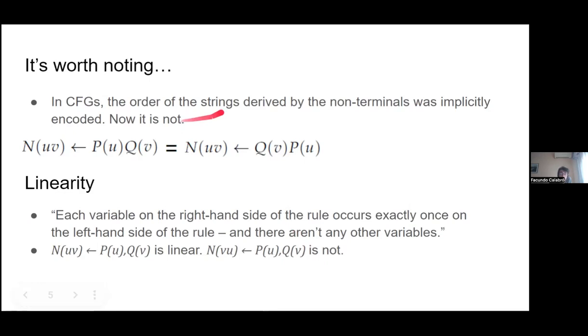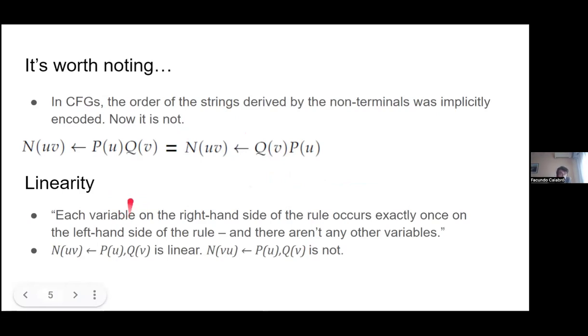Well, in CFGs, the order of the strings was implicit, meaning that the leftmost constituent would surface to the left of the rightmost constituent. But now this doesn't necessarily hold, and that's why we need to specify how the strings will be concatenated.